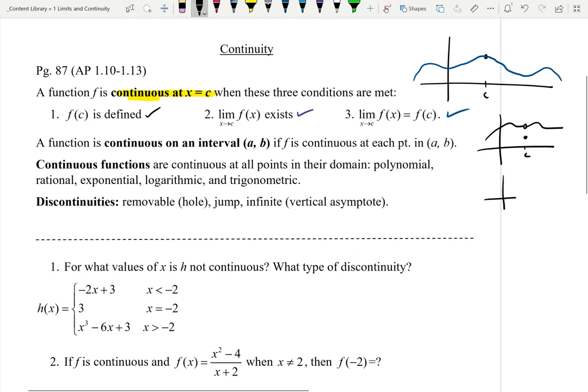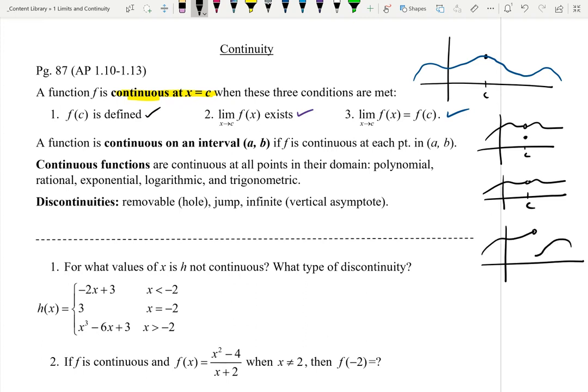We could have the limit existing and the function failing to exist. That is also a discontinuity at c. And then the third possibility is we could just have failure of the limit to exist. So this is failure of the limit to exist.